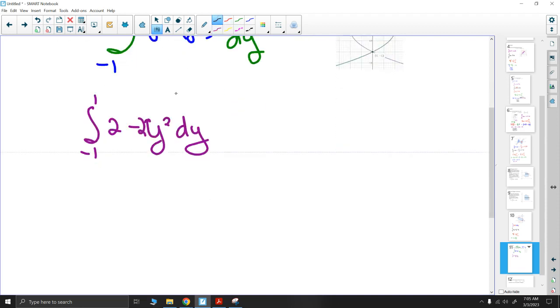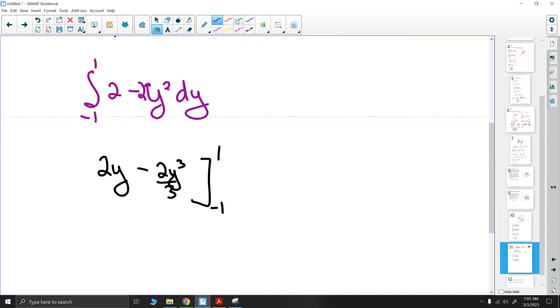Okay, so integrating this thing, we have 2y minus 2y cubed over 3 from -1 to 1. All right, so plugging 1 in, we have 2 minus 2/3 minus -1, that would be a -2. That's going to be a negative, and a negative makes a positive 2/3.